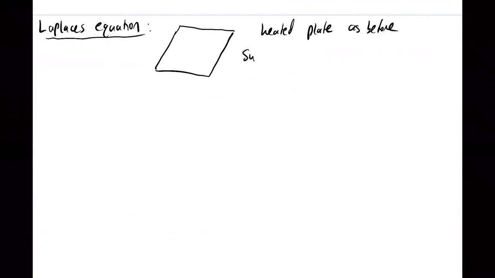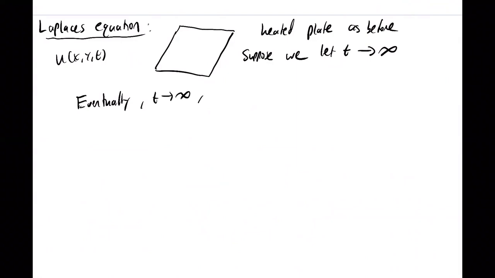And so suppose we let time t go to infinity, right? I have some function u of x, y, t, which is describing the way the heat spreads out. Eventually, in the limit as t goes to infinity, we expect some kind of equilibrium to be reached.